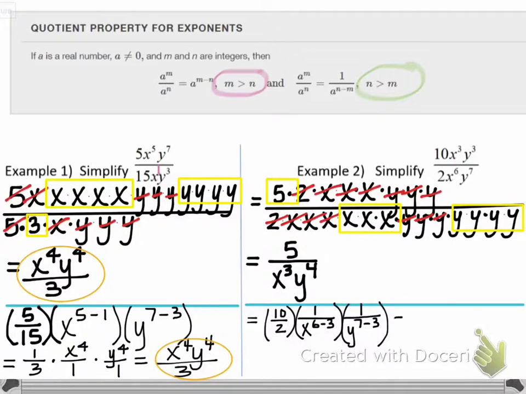So now 10 over 2 becomes 5 over 1. And then I have 1 over x cubed times 1 over y to the 4th. And now if I multiply those together in my numerator, 5 times 1 is 5, and then 1 times x cubed y to the 4th. So you can see, again, I get the same answer no matter which way I approach the problem.